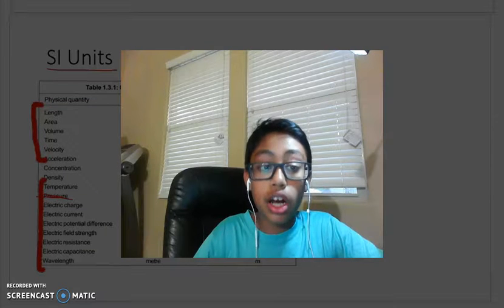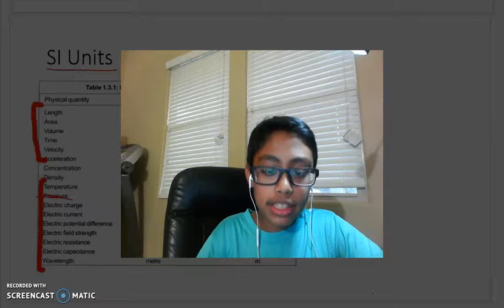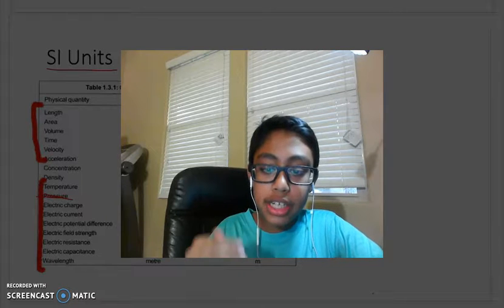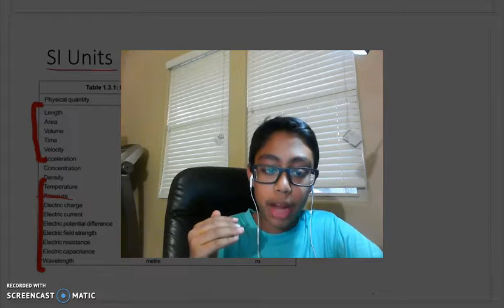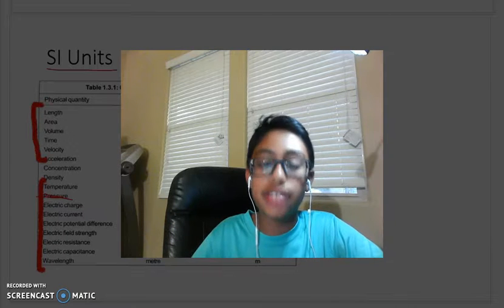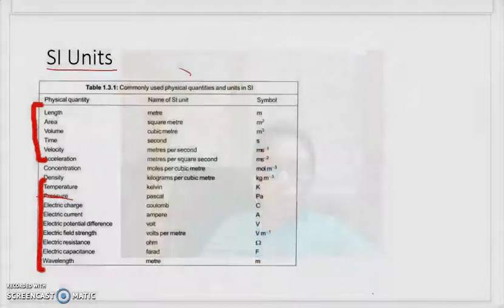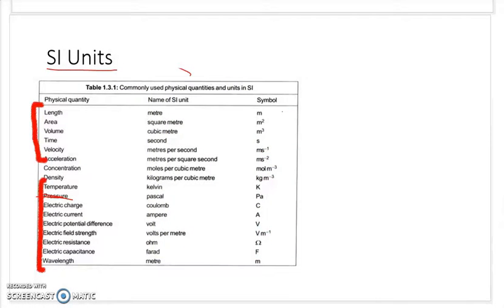Last year, NASA was sending an important email about their space program, but they did it in American units, and they forgot to convert it to SI units. So people in Europe are going, what? I can't read this. We must use SI units not for physics, but all of science, chemistry, biology. Regardless, we will be using these units.